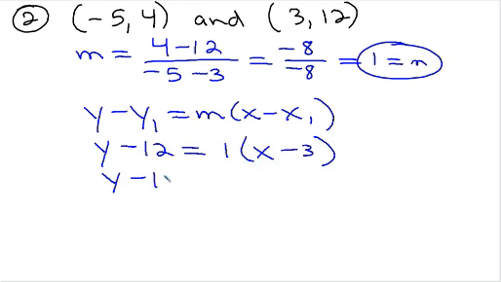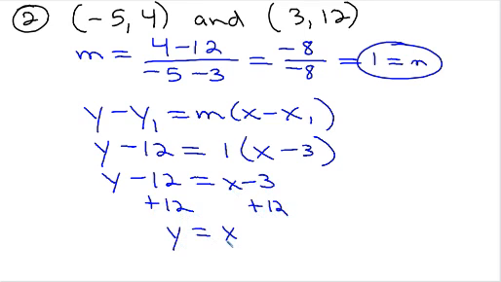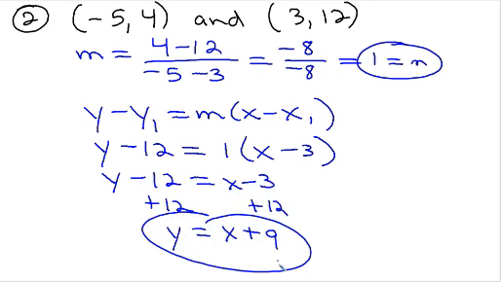So y minus 12 equals x minus 3. Add 12, and we have our equation of the line, y equals x plus 9. The y-intercept is 9. What's the slope of this line, by the way? 1. Slope is 1. And we will stop there for today.